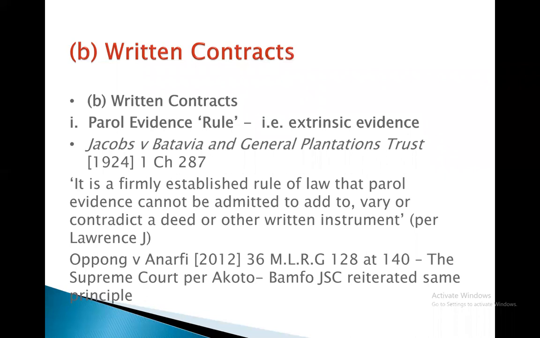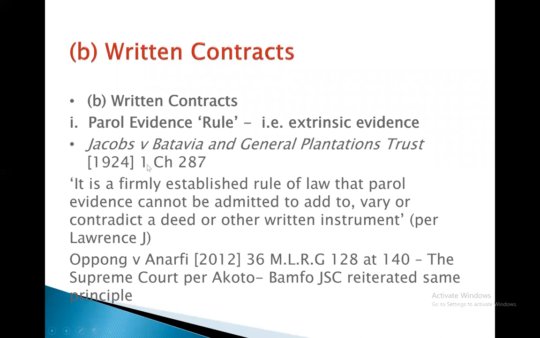And for that matter, no extrinsic evidence will be admissible or receivable by the court to vary or contradict that which the written contract or the instrument is saying. So there are a plethora of authorities, a long line of authorities, which support the parol evidence rule that no extrinsic evidence is permitted to vary or contradict a deed or other written instrument as it were.